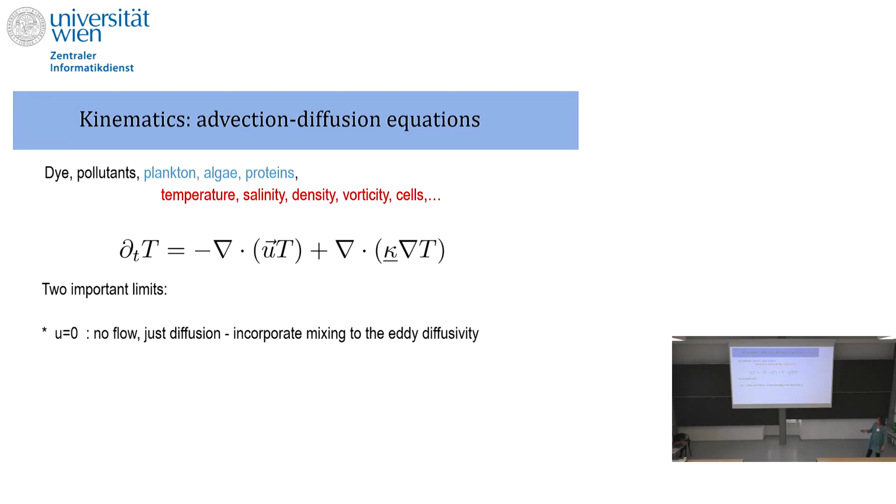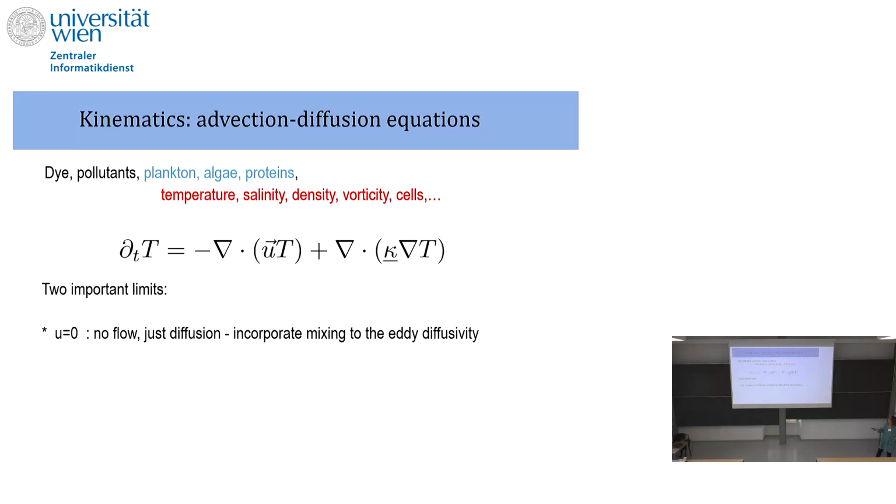Dye and pollutants can pretty much be thought of as passive scalars, but people also try to think, is this also true for other scalar fields that may afterwards influence the velocity, vorticity, for example. But for now, you ignore it and you just ask, okay, given a velocity field u, what can I say about the field T? And there are two important limits.